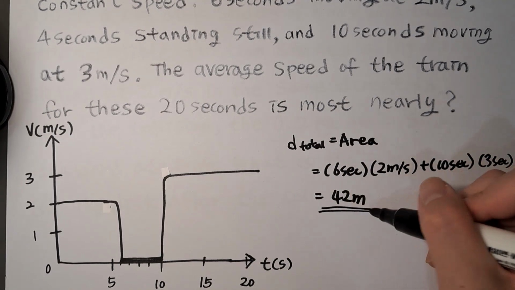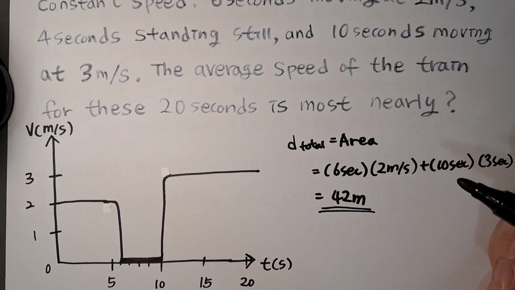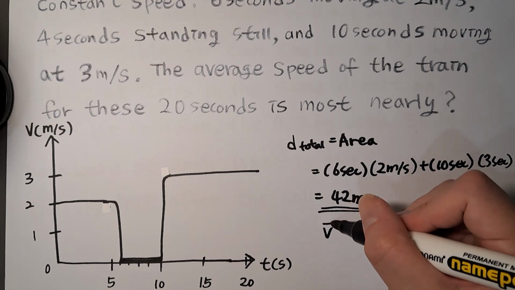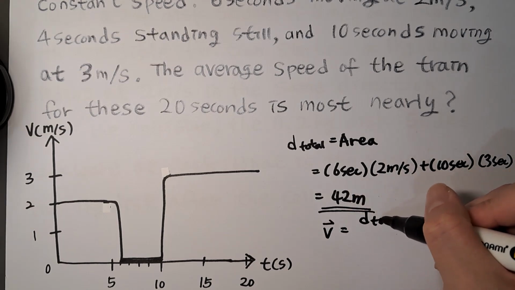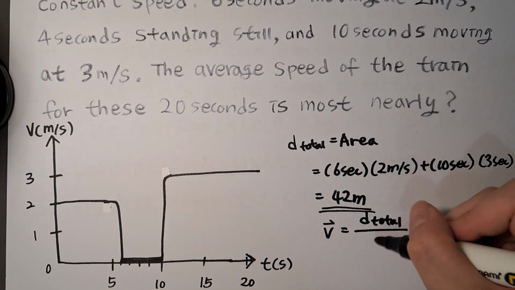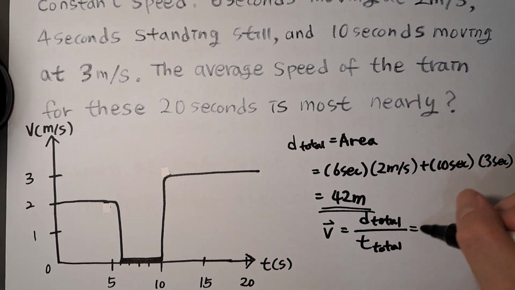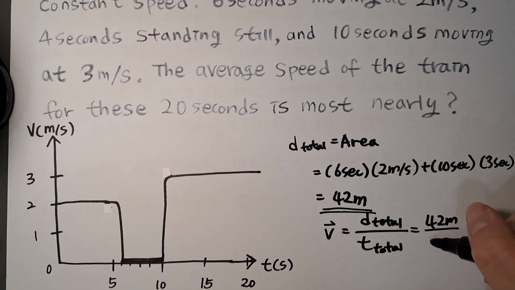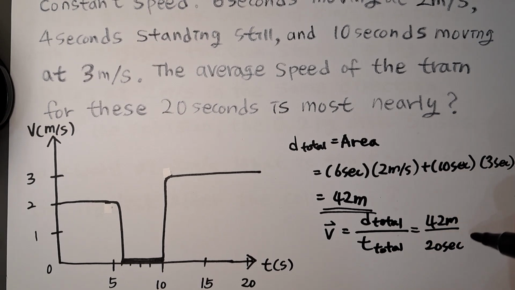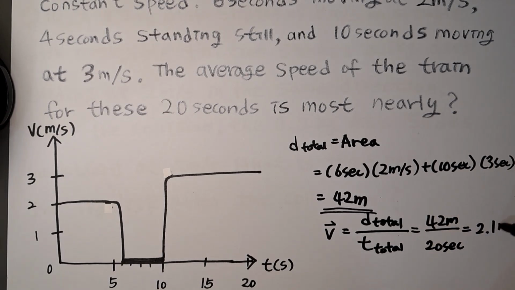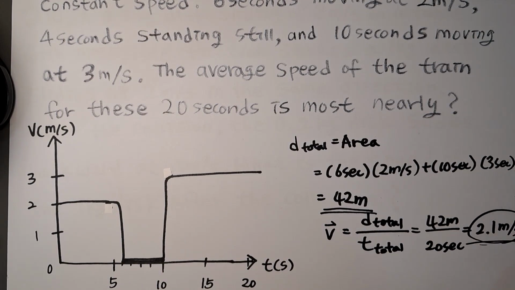So we can find 42 meters, and the average speed would then be 2.1 meters per second.